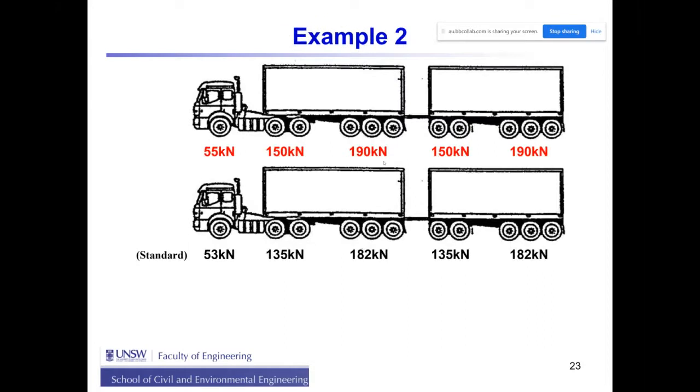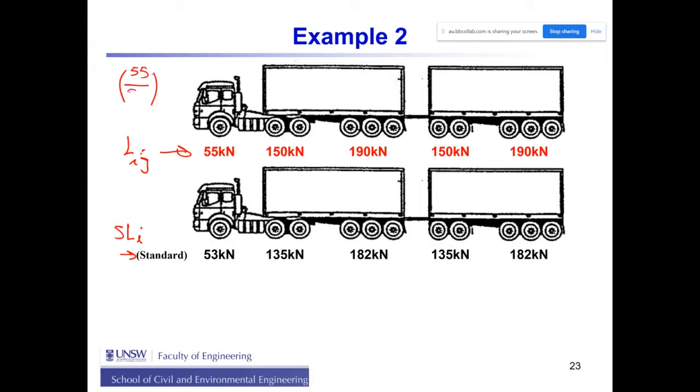So the easiest way is to go back to the example and show how this equation works. This is the current load, 55, so this one is Lij. And this is the standard load, SLi, that we are considering. So simply, we can use this empirical equation to convert everything to equivalent load.